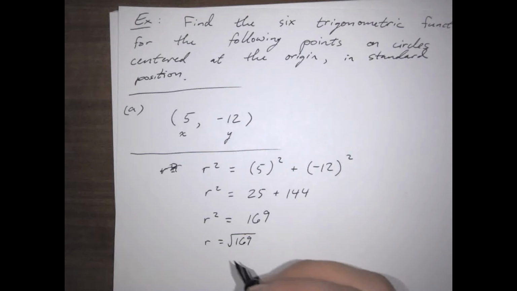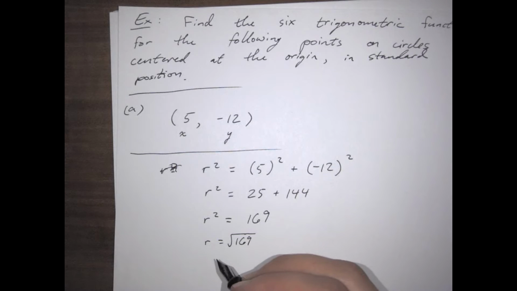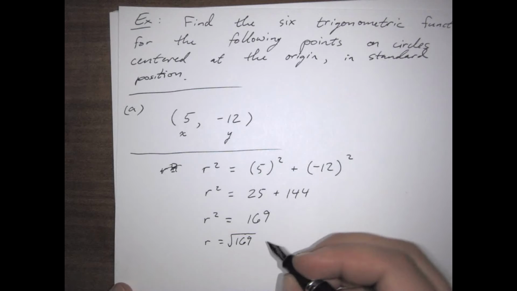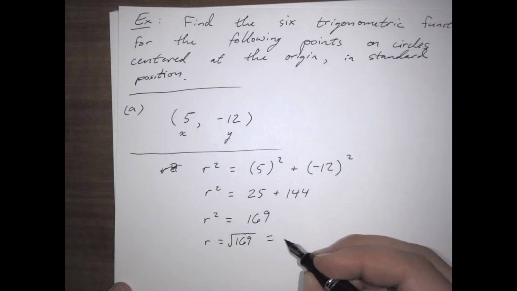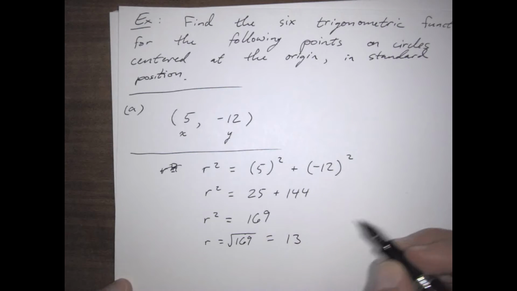Okay, so we're solving for r, so we take the square root. We don't worry about the negative branch. We are not concerned with negative values for the radius. And it just so happens that this one happens to be a perfect square. It happens to be 13.